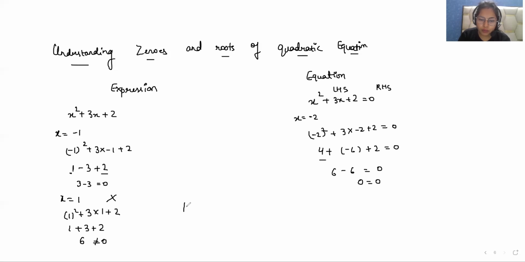So what we learned from these: a zero of an expression makes the expression value 0.